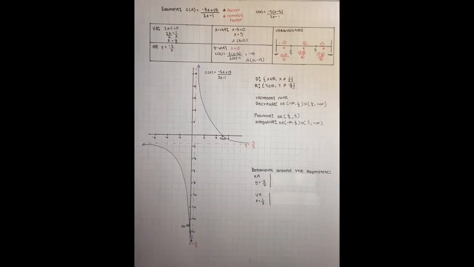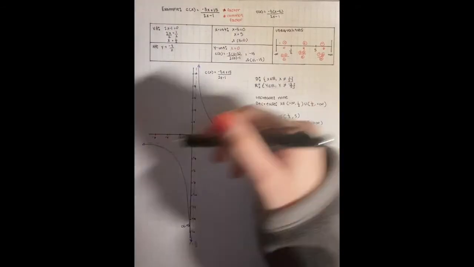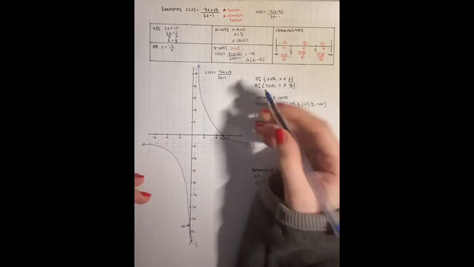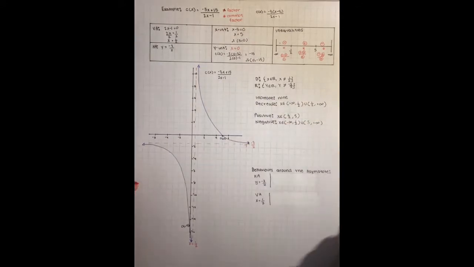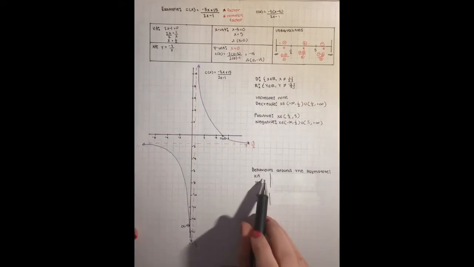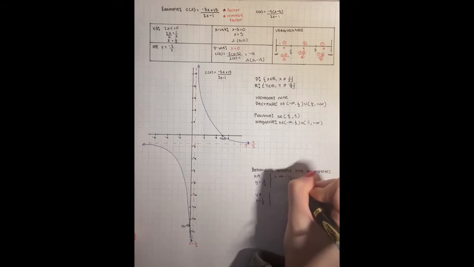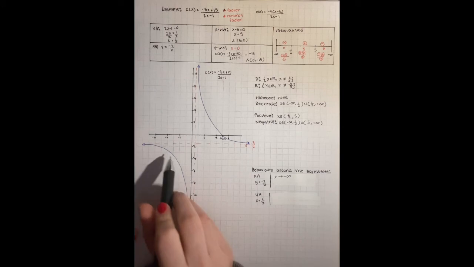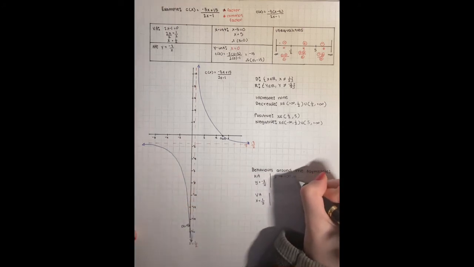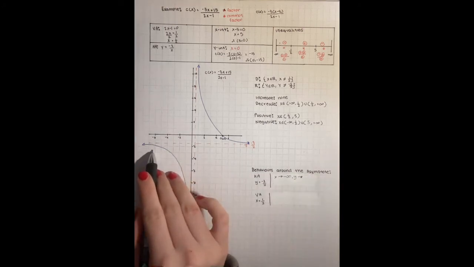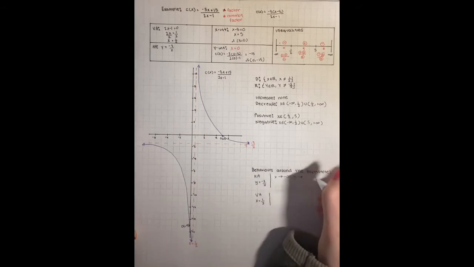For the behaviors around the asymptote, we're going to be looking at the ends of each line. Forgot my arrow here. So for the horizontal asymptote, as x approaches negative infinity, y is under the asymptote. So we're going to put -3/2 with a negative symbol here.